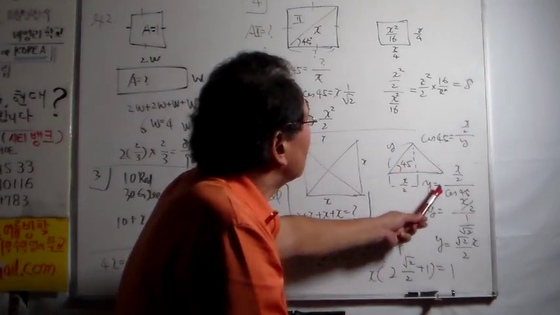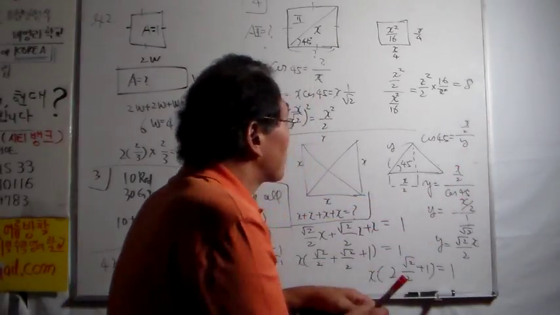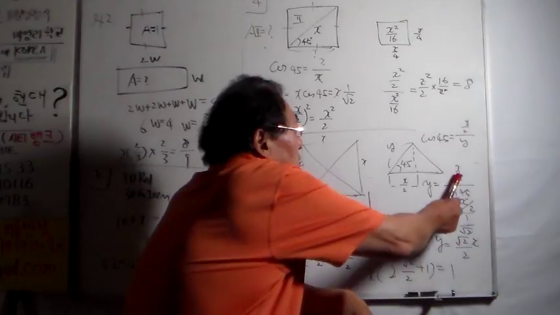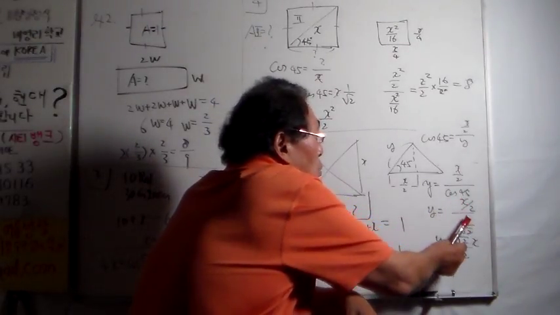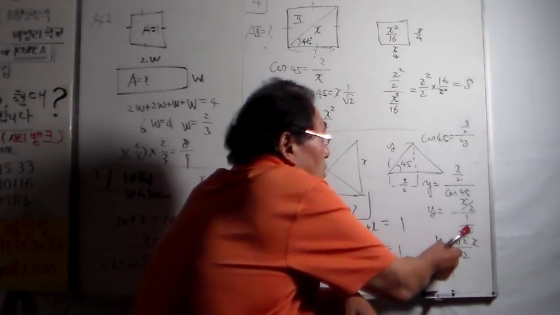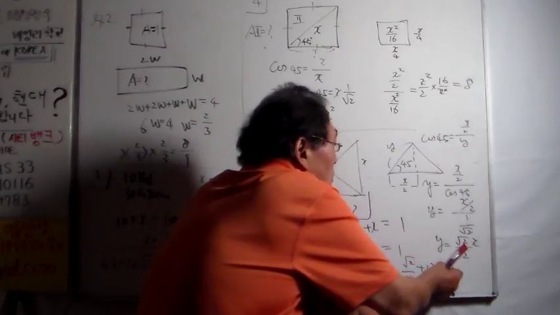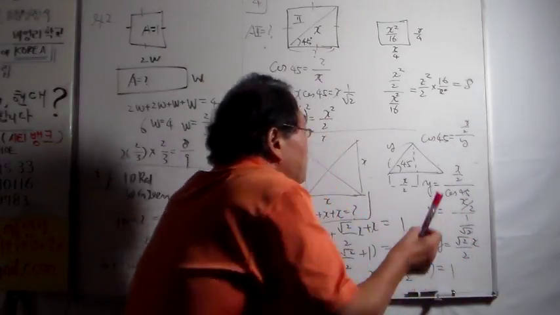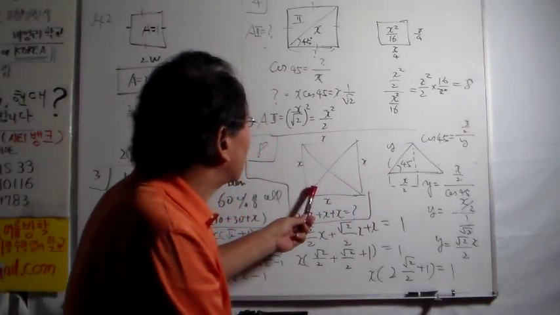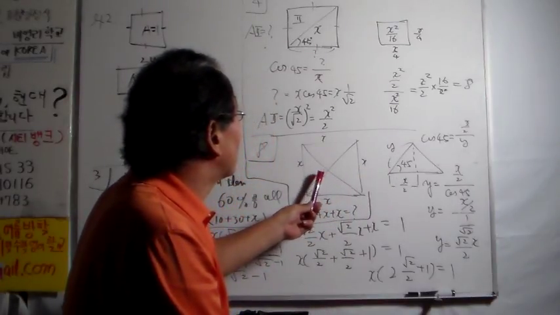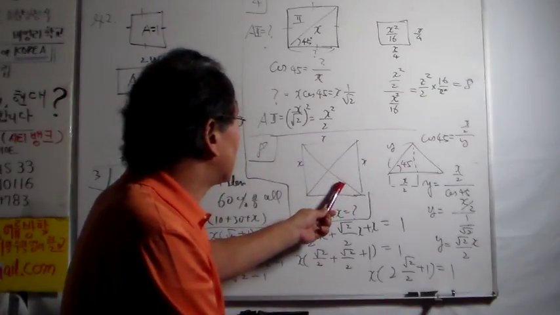So y is x over 2 divided by cosine 45. Cosine 45 degrees is 1 over root 2. Once you simplify, y is root 2 times x over 2. So this length is root 2 over 2 times x, the same as this one, and the same as this.